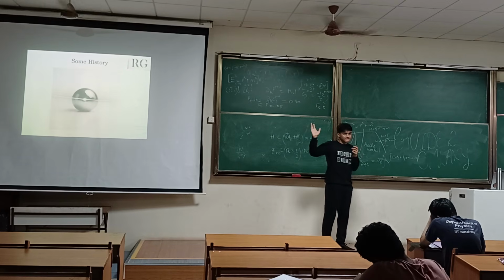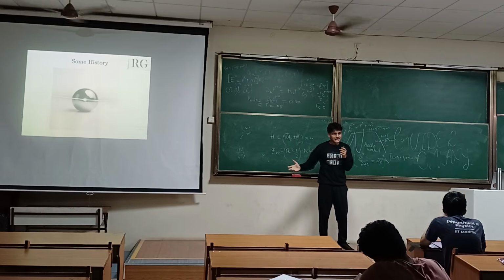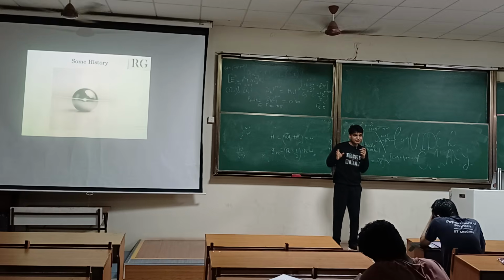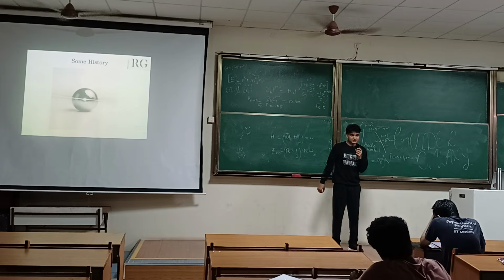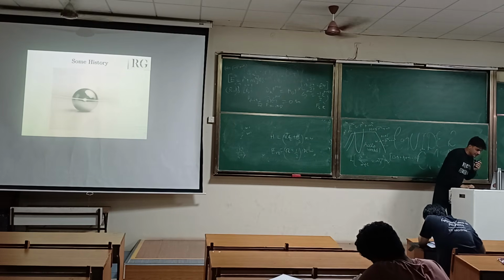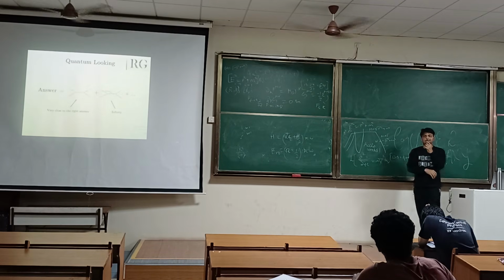And someone named Feynman introduced something called Feynman diagrams, which gives you a quantified description of how particles and light interact. I will show you some examples. These are some Feynman diagrams.